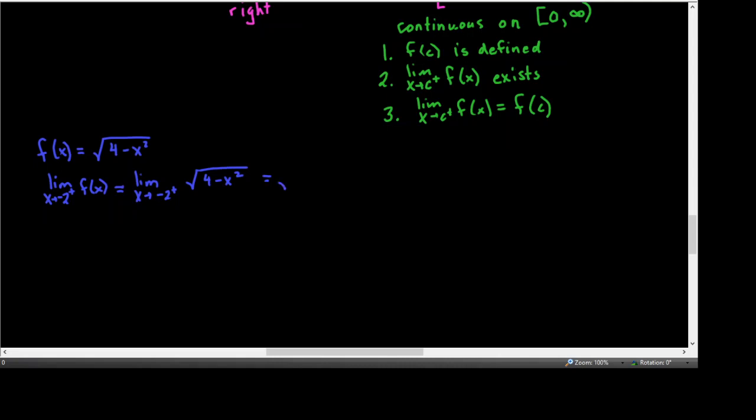So we're going to try substitution here, and as long as our result is not negative, we're good to go. So 4 minus the square of -2. The square of -2 is 4. And so we end up getting the square root of 0, which is a real number, equal to 0. And that's its limit from the right-hand side.